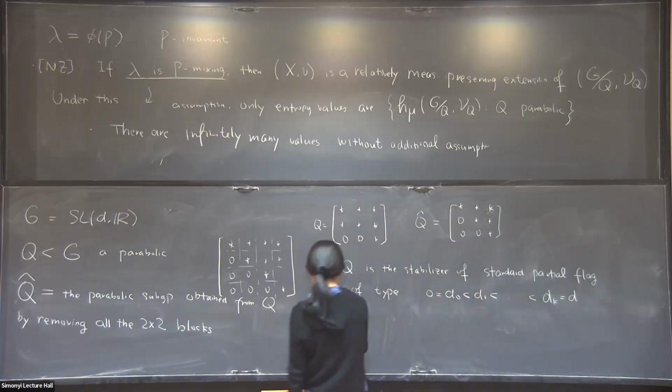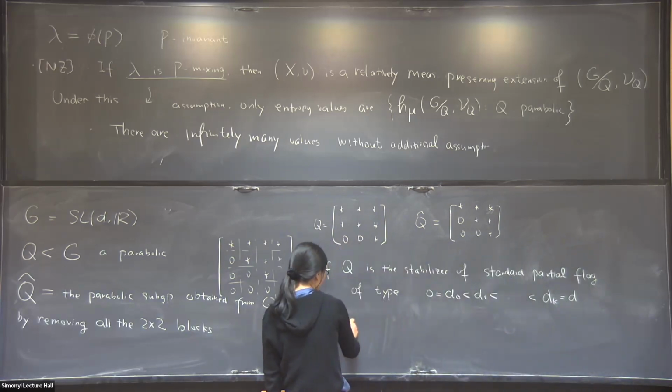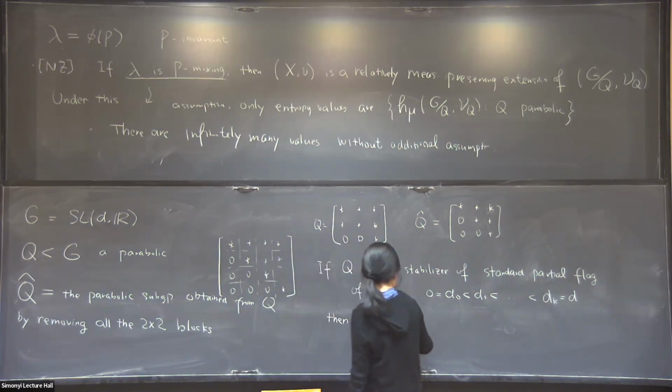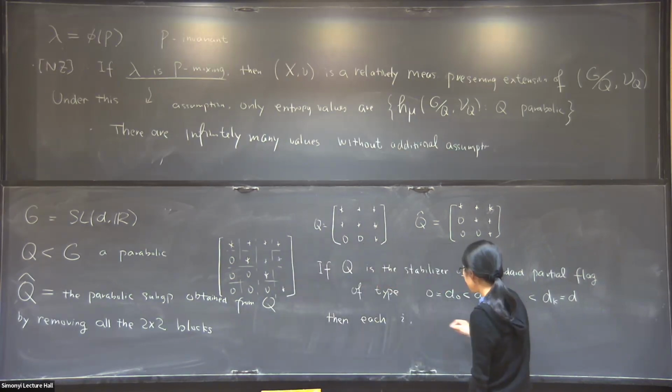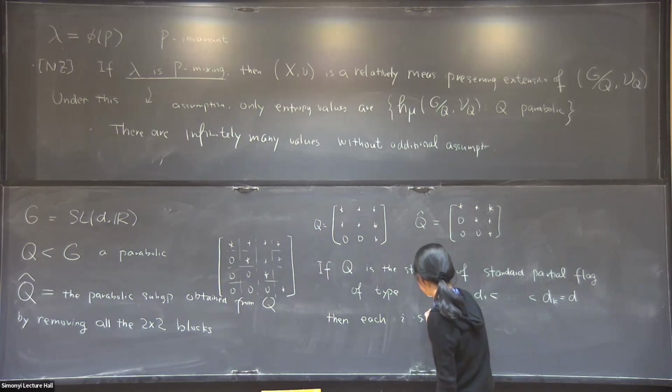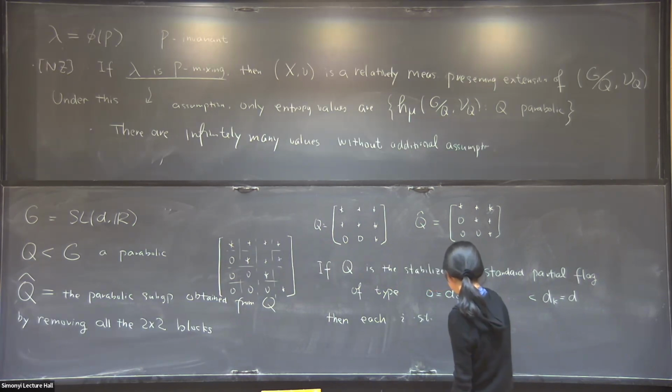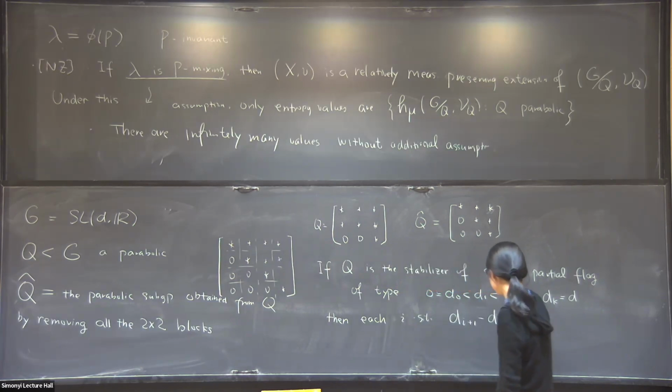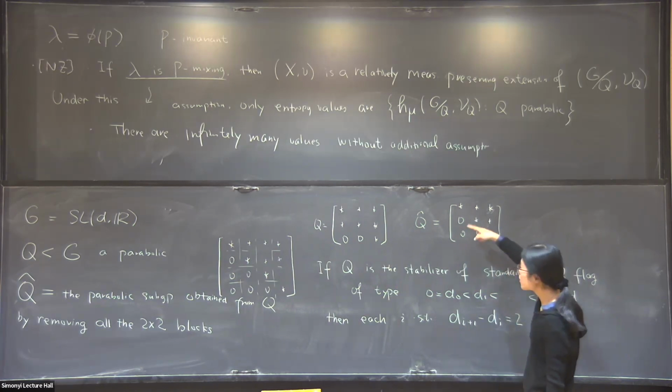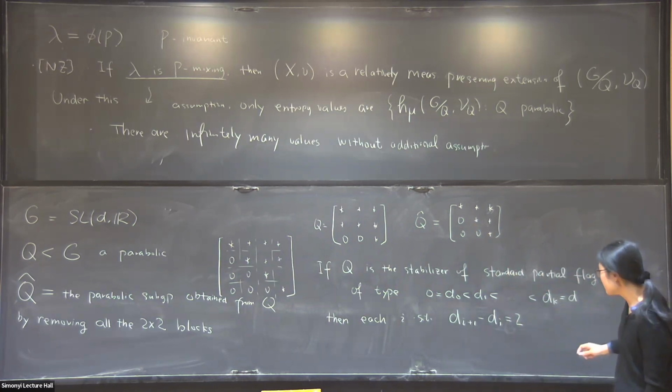Then for each i such that d_{i+1} minus d_i is 2, that's responsible for a 2x2 block on the diagonal.